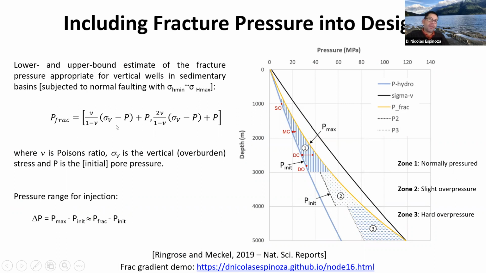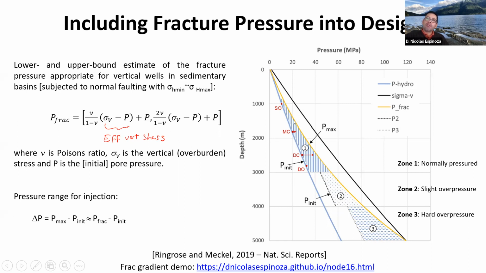With equations that are based on linear elasticity, some of which you can look at in my notes, a freely available resource that you can take a look at any time, you can demonstrate that the maximum injection pressure, the fracture pressure, is going to depend on the Poisson ratio of the rock, on the effective vertical stress, here, and the initial pore pressure.